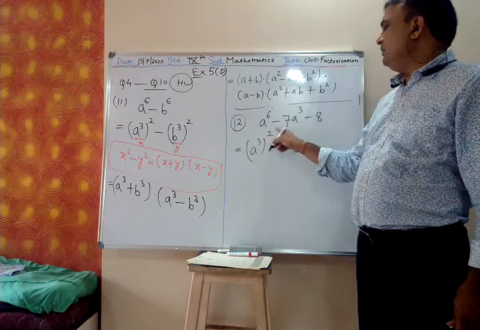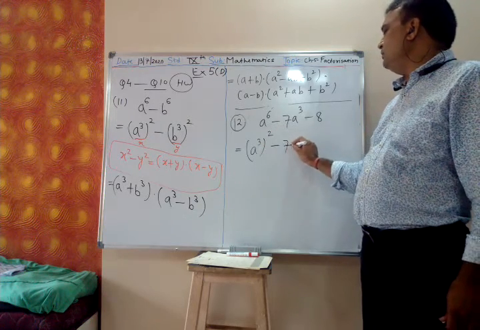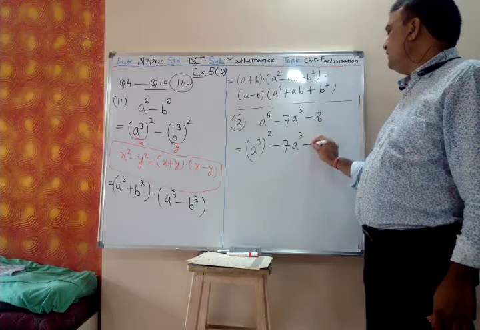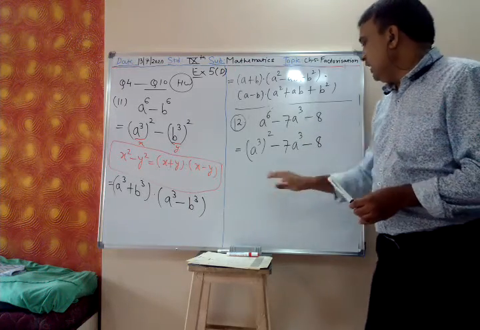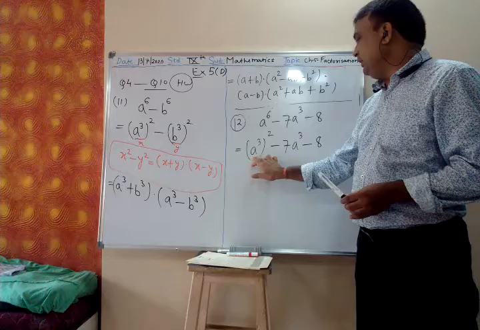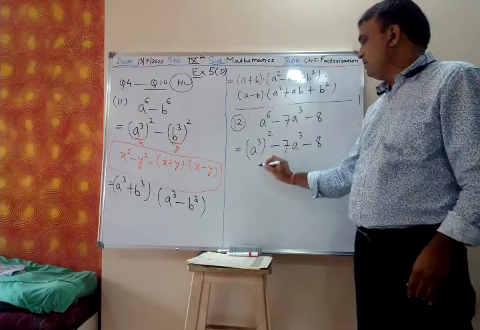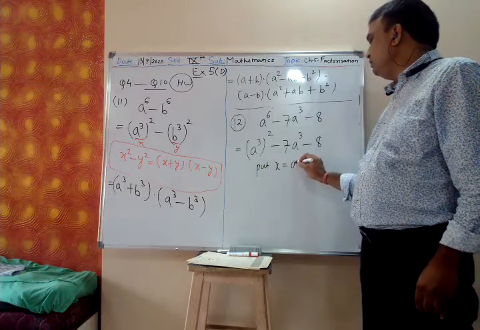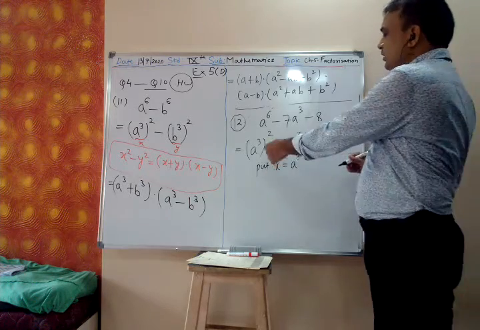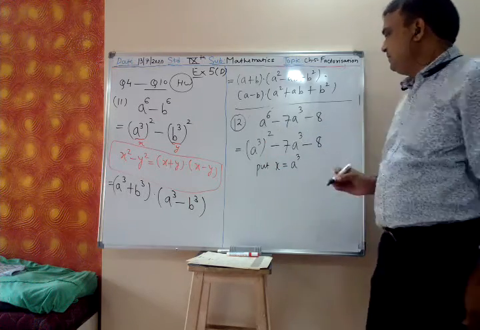Power raised to power, multiply the powers, minus 7a cube minus 8. Now I will make one substitution. This a cube I will consider x. Put x is equal to a cube.